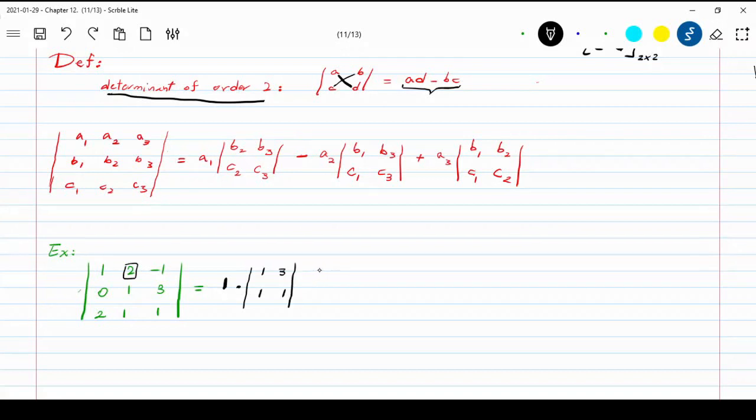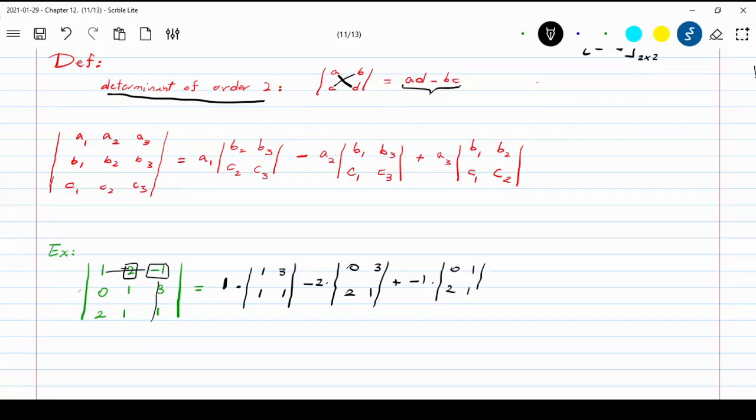Sorry about that. Minus 2 times, the leftover matrix would be 0, 3, 2, 1. And then plus, if I pick the last entry, negative 1 times the determinant of the submatrix leftover, if you remove the first row and last column, what is left is 0, 1, 2, 1.